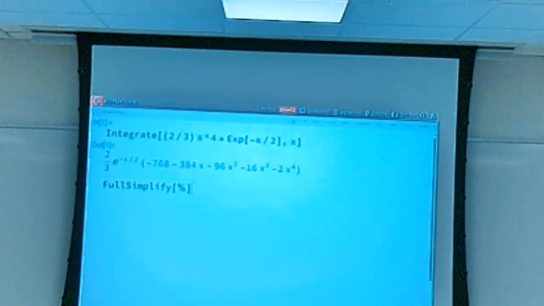I don't think that can be simplified any further. That's what full simplify does, it's just going to fully simplify it. Especially when you're dealing with trig expressions, I recommend you do. It will leave sine squared plus cosine squared when it's actually one. Whereas if you do full simplify, it will use the trig identities and simplify. And all that percent is, it's just recalling the last output.